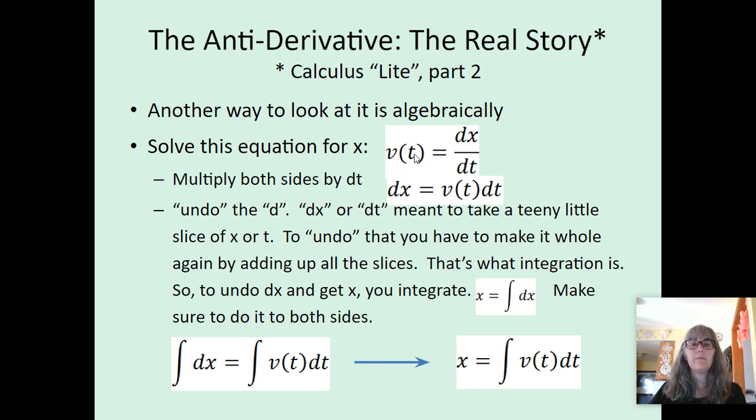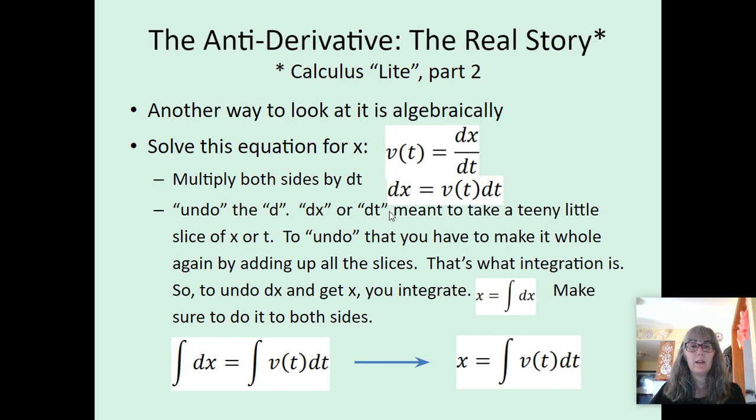So if we have v of t is equal to dx dt, so the velocity is equal to the derivative of position with respect to time, we multiply both sides by dt, then dx is equal to v of t dt. To undo the d part of that, so the little bitty part, means that we do the integral.